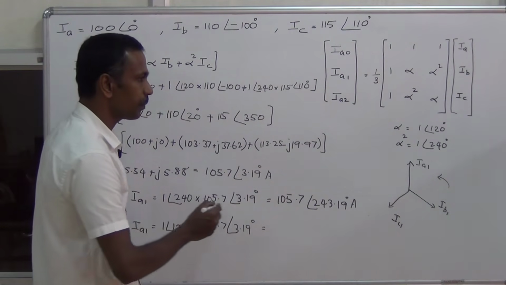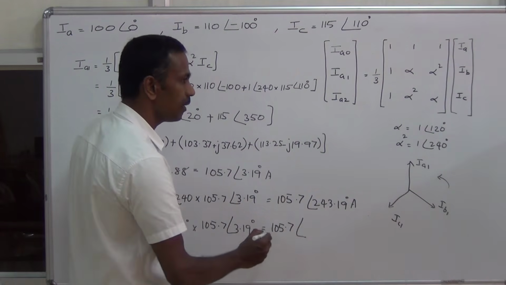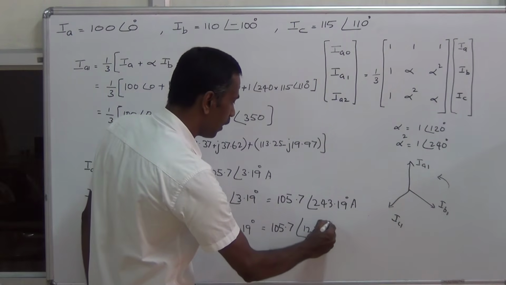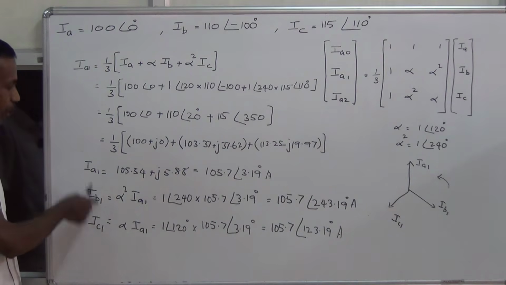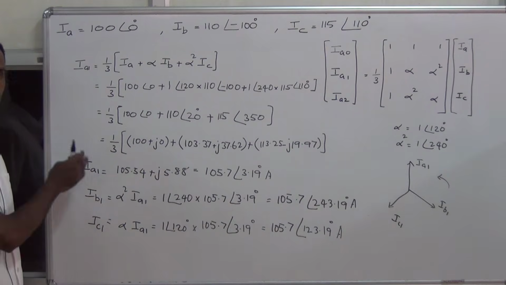This is equal to 105.7 angle 123.19 degrees. So these are the three positive sequence currents, the positive sequence currents in the three phases.